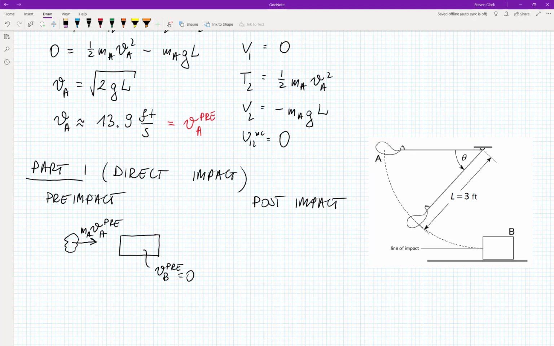And post-impact, we have the following situation. I want to assume that all of them point towards the right, okay? So I just want to assume that in here we have VB post and VA post.